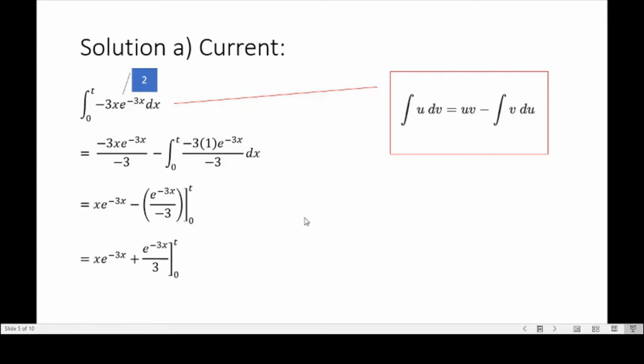When we do that, we end up simplifying it even more, because the negative signs cancel out and become positive.